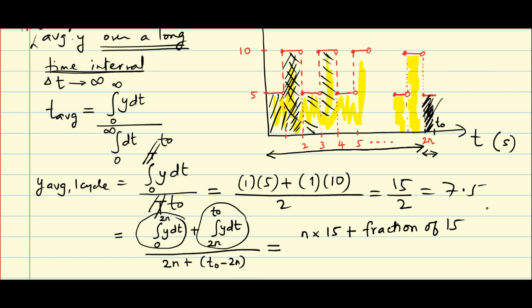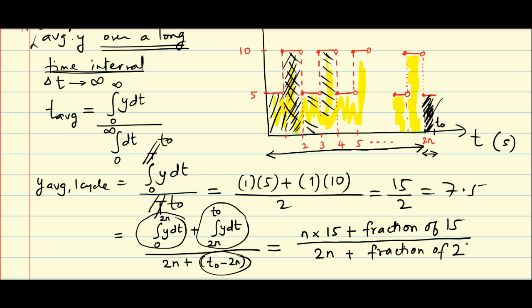It definitely lies somewhere between 0 and 15. Now when I divide, once again I divide by 2n plus, now this t0 minus 2n is a fraction of the time period, so it's a fraction of 2 seconds.